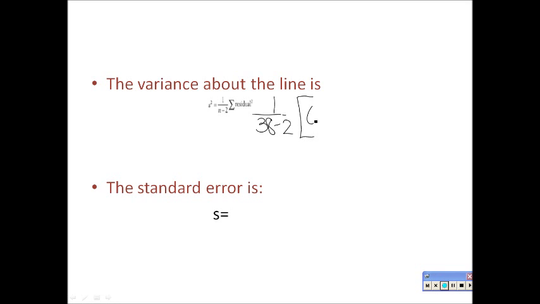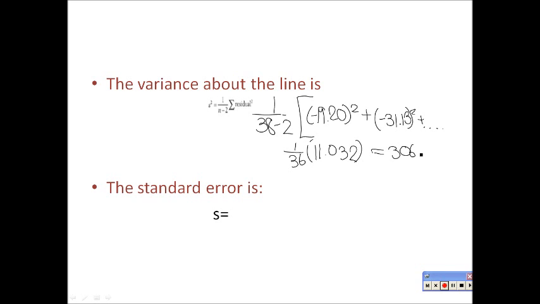So our first residual was negative 19.2, and then you square it, and you add the next residual to it, which is negative 31.13 squared, and you go on so. When we did this, the sum of the residuals squared was 11,032, and you multiply this by 1 over 36, and the answer is 306.26.